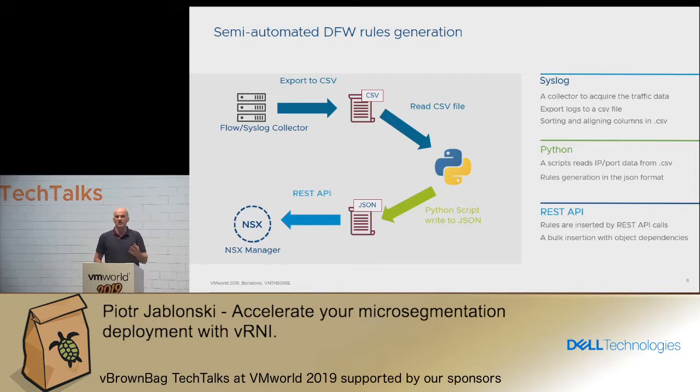Why do I need JSON format? Because NSX-T does support JSON, not XML. XML is supported in NSX-V. NSX-V supports also JSON, but NSX-T unfortunately, fortunately, supports only JSON. So you need to transform these entries to this form.